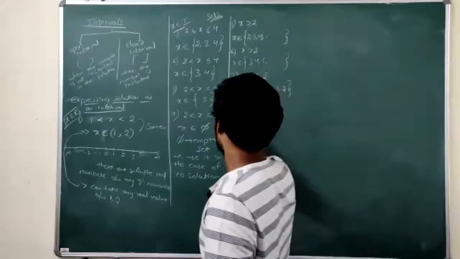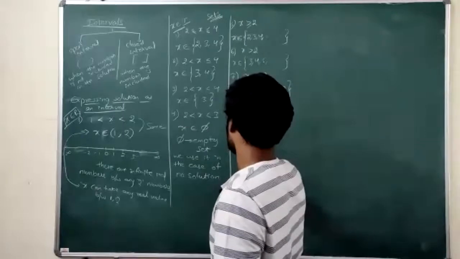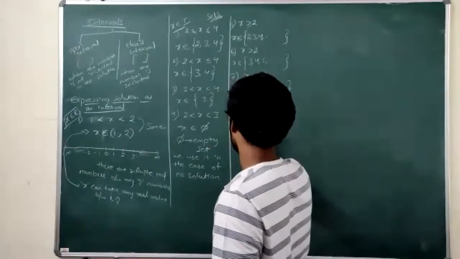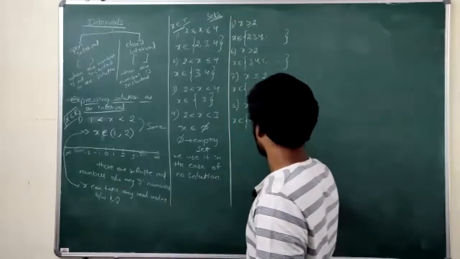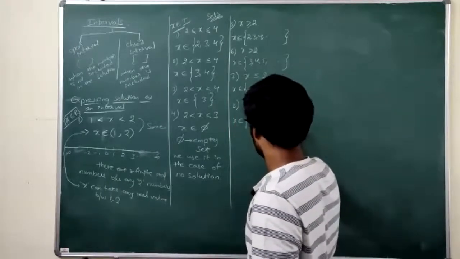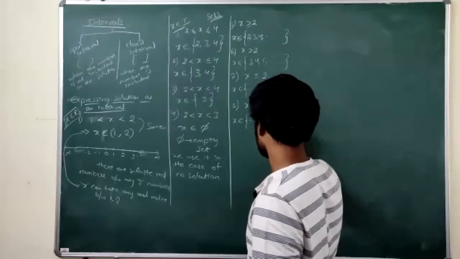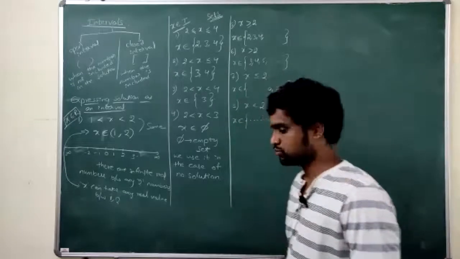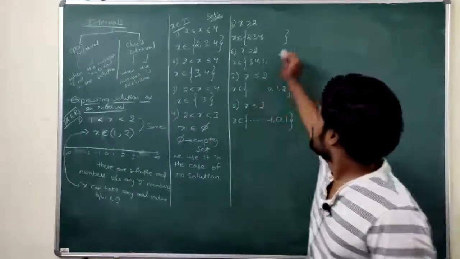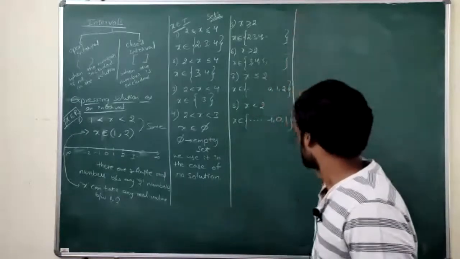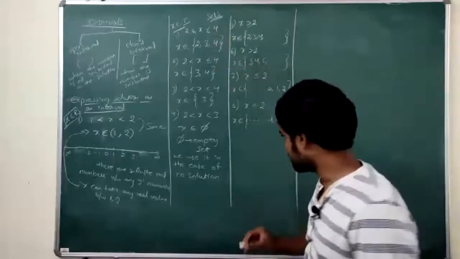Next, if I say x < 2 simply, now x belongs to minus 1, 0, 1, and 2 cannot be included. So I cannot write 2 here. So this is the expression of solution in set form.